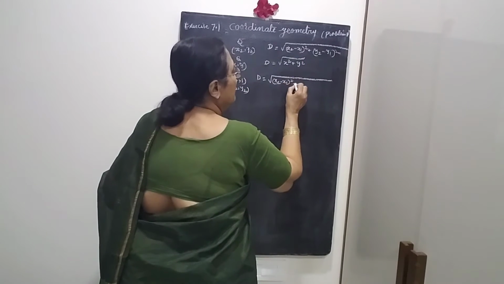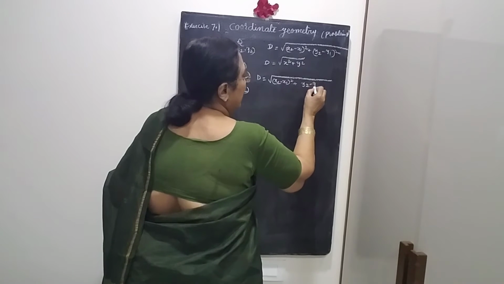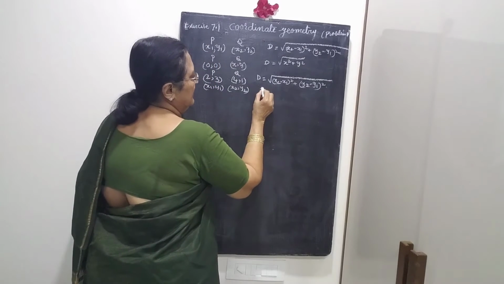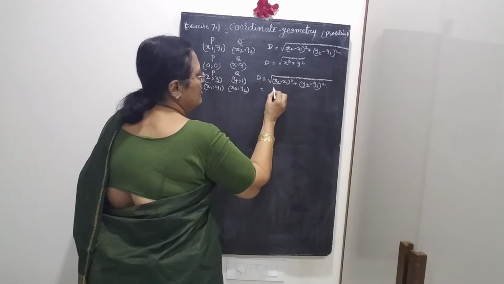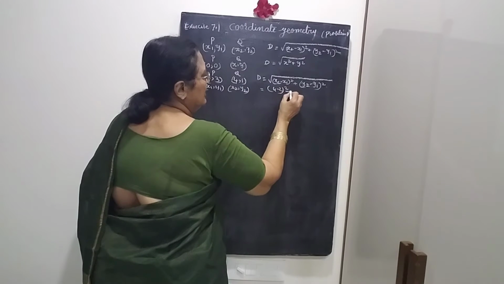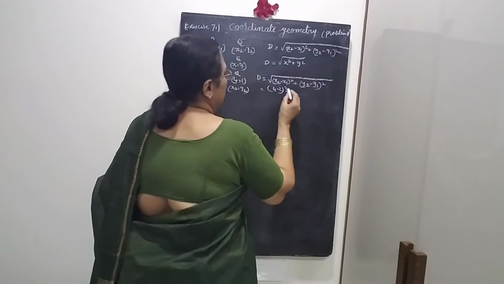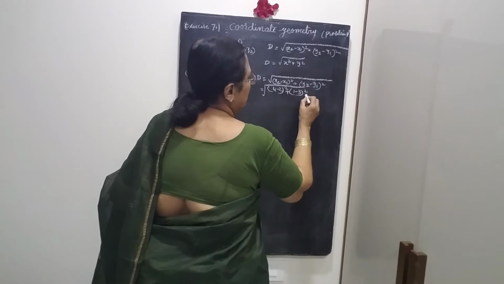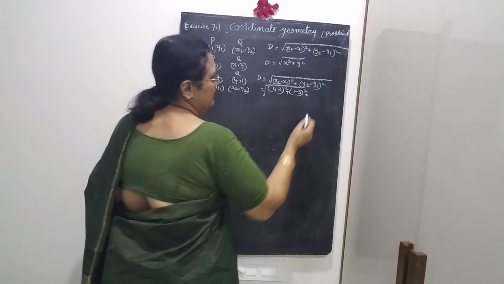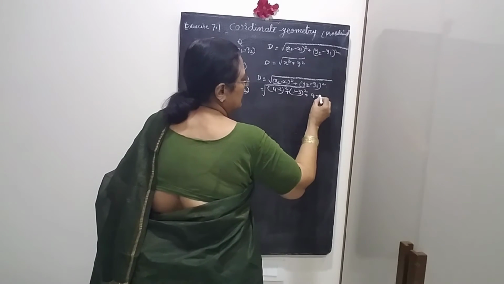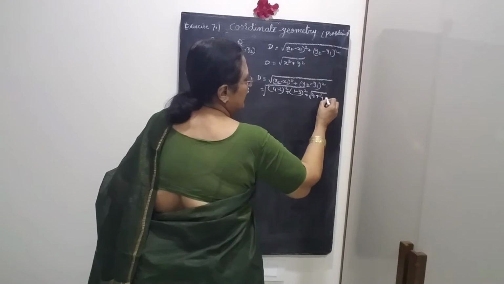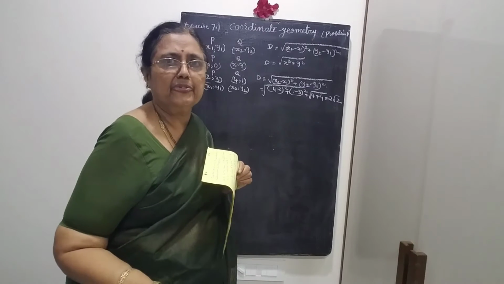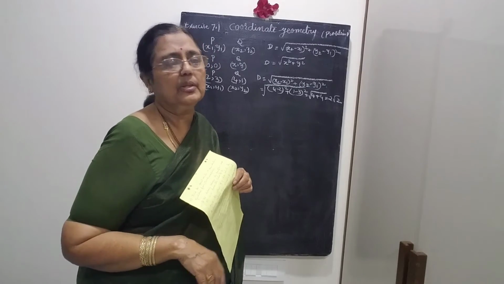Every time you write the formula, so that you will practice it, you won't forget it, and you will use it in the proper place. So (4 minus 2) whole square plus (1 minus 3) whole square. Root of that will be 2 square, 4, plus minus 2 whole square, plus 4. This is root 8, which can be written as 2 root 2, because root 8 is root of 2 into 4, and 4 can be taken out of the root as 2.